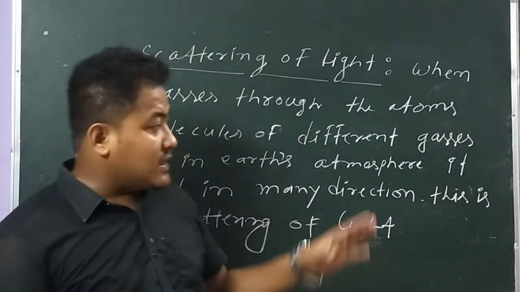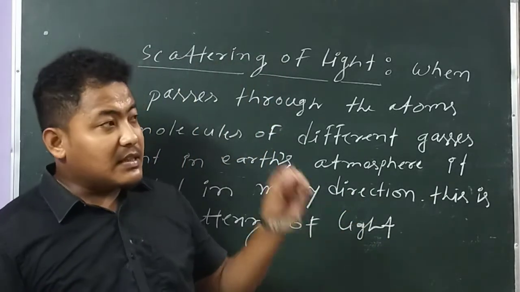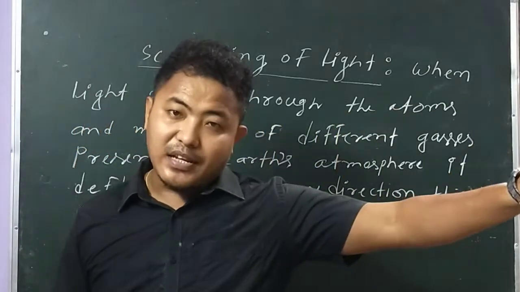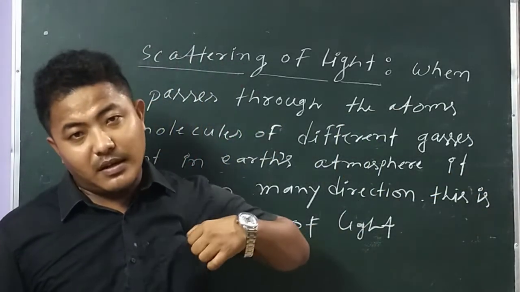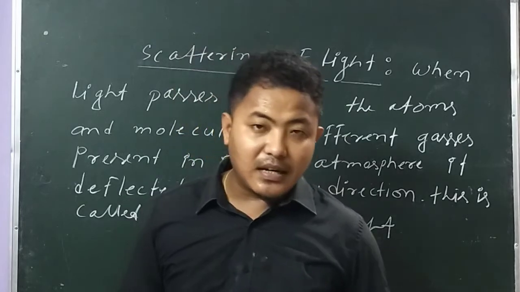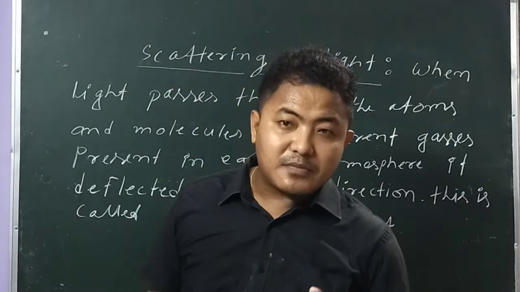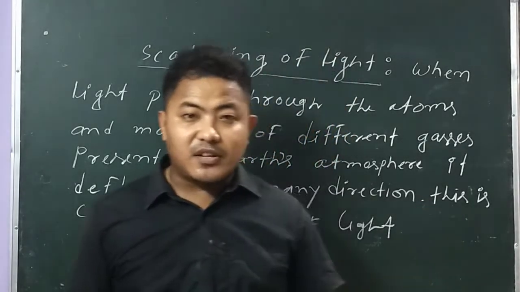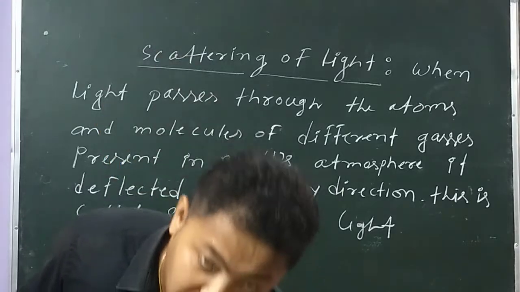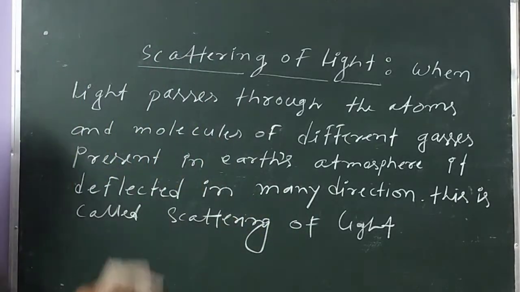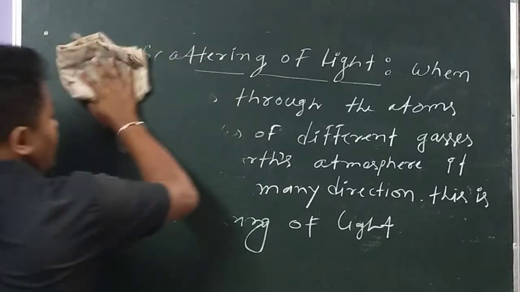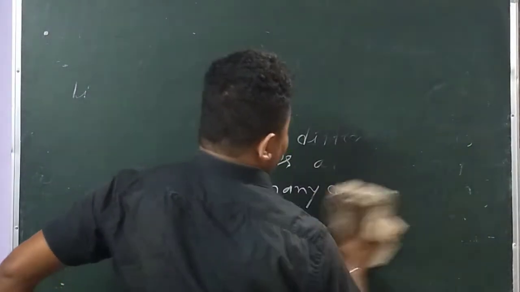Very simple thing: once sunlight passes through the Earth's atmosphere, it is deflected in different directions. With the help of a diagram, we can understand this.